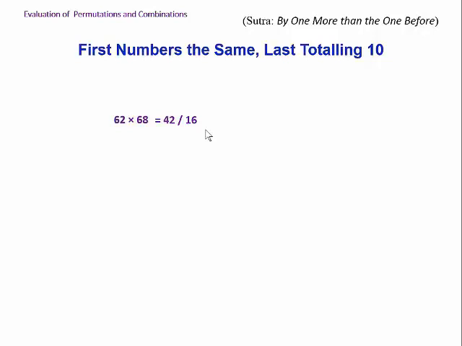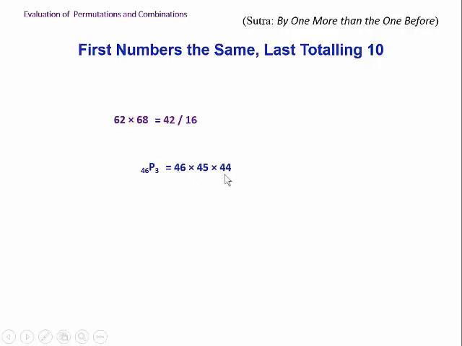So we've been making use of this technique as well. Given, for example, 46P3, that's 46 times 45 times 44. And notice the 46 and the 44 come under this particular sutra, this particular type of multiplication.